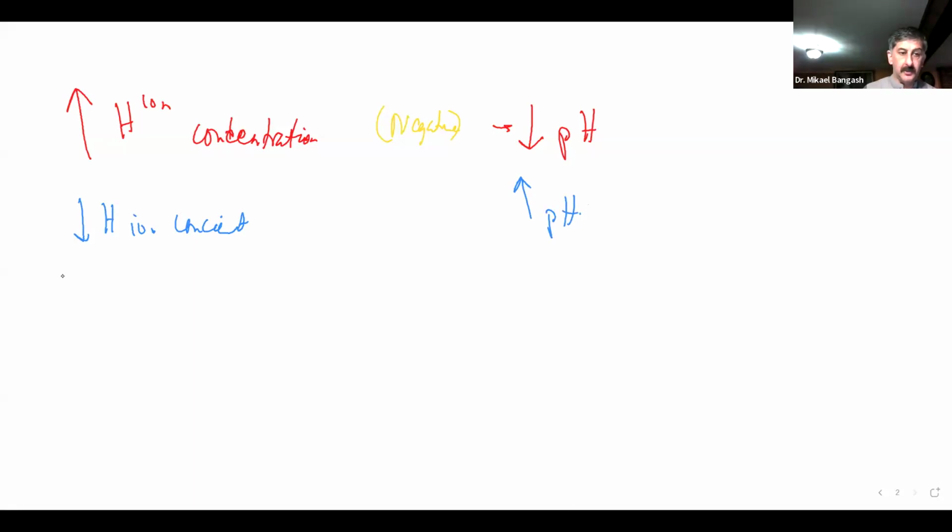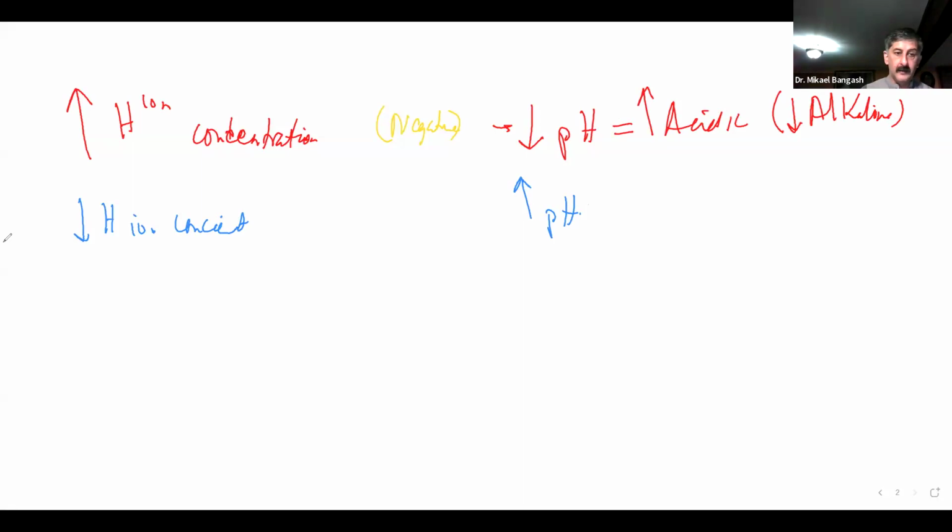And what this will lead to is it will make a substance more acidic, or on the other hand, less alkaline.